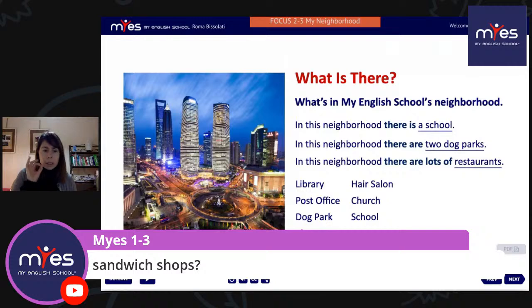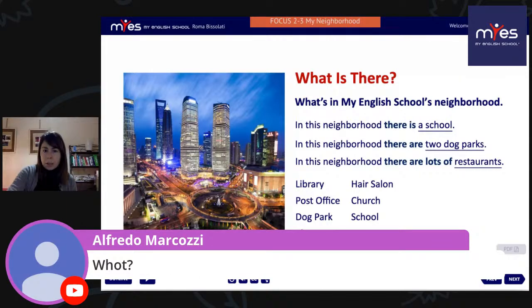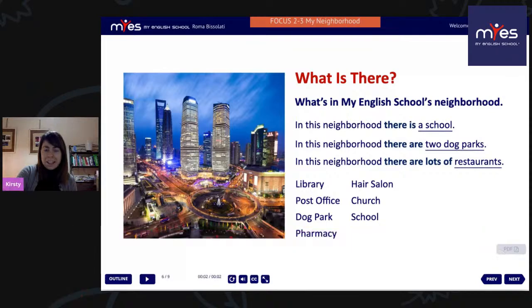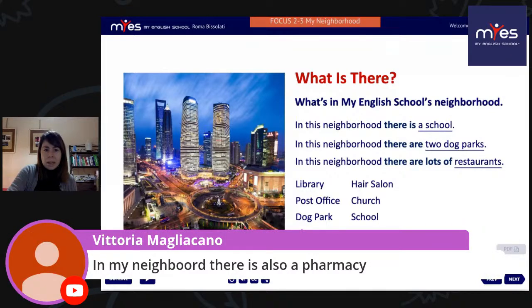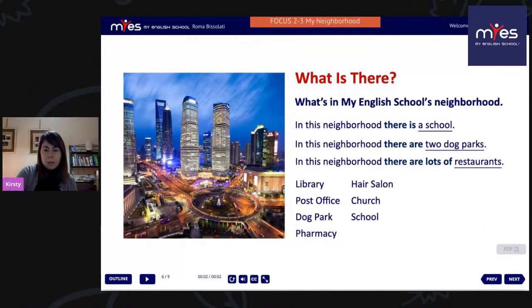List services. So sandwich shop. What else can you think of? Tell me. Good. Well done. In my neighborhood, there's also a pharmacy. A pharmacy. Good. So we've got pharmacy. Bookshop, so La Feltrinelli, you've got bookshop, for example.